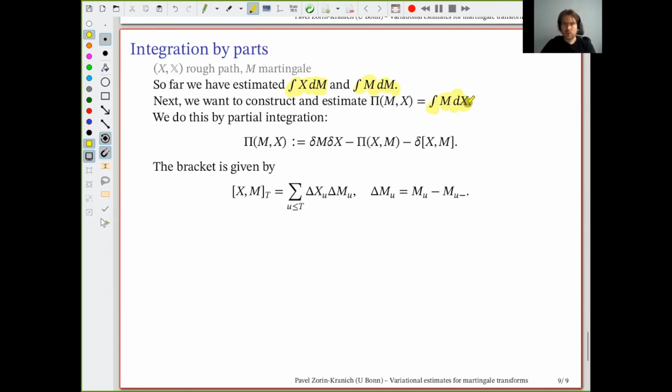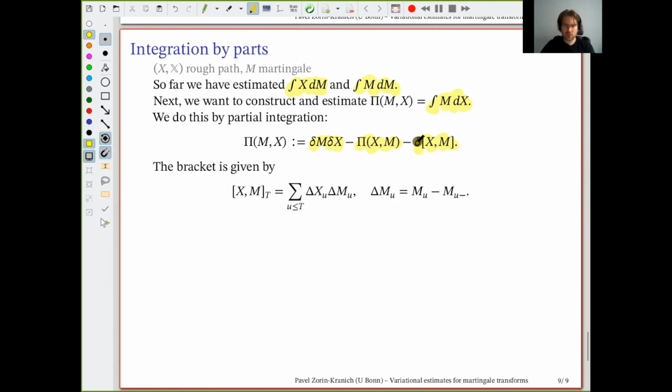And well, how do you construct this integral? Well, you do this by partial integration. So these are the boundary terms. This is the integral of x with respect to dm. And then there is this bracket term. To make sense of this, you should first do this for discrete approximations. But let's say that we have already done this.